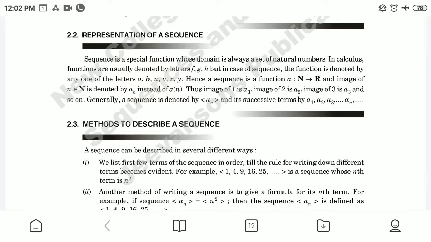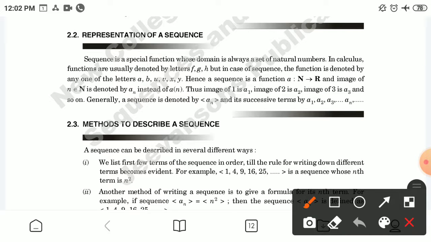This image of 1 is a1, image of 2 is a2, image of 3 is a3, and so on.